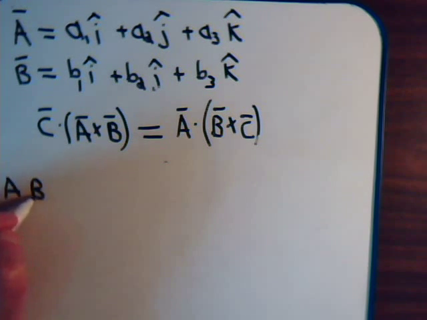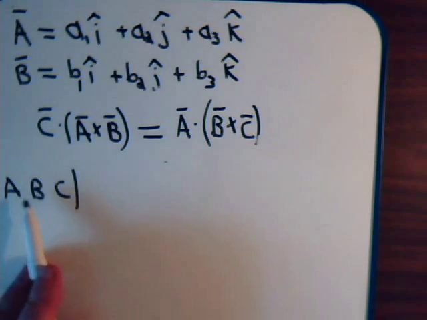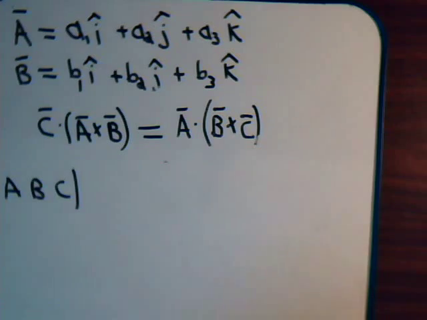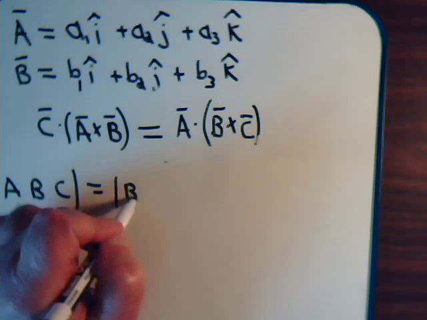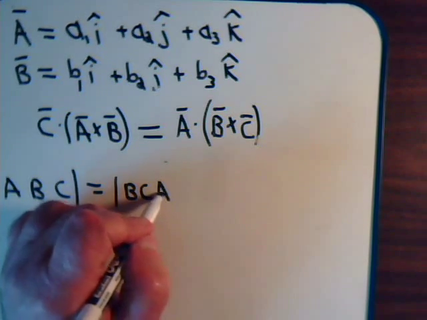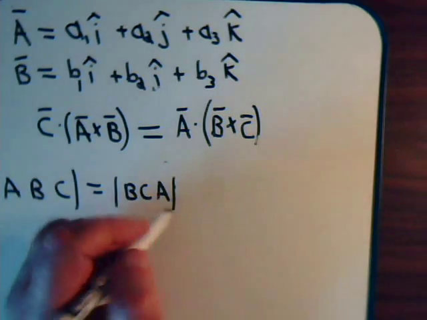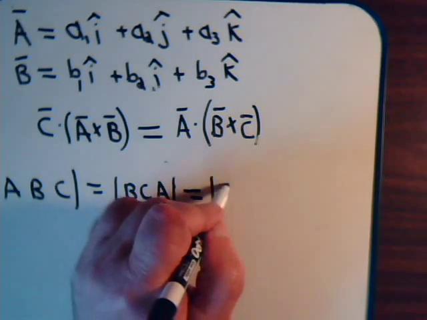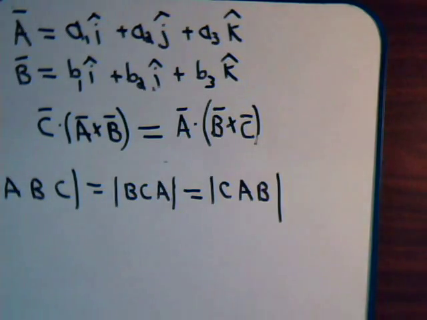A, B, C. That is A dot B cross C. Now this would be equal to B, C, A. That is B dot C cross A. And it's also equal to C, A, B. We have this form written right here. This is B cross C dot A.